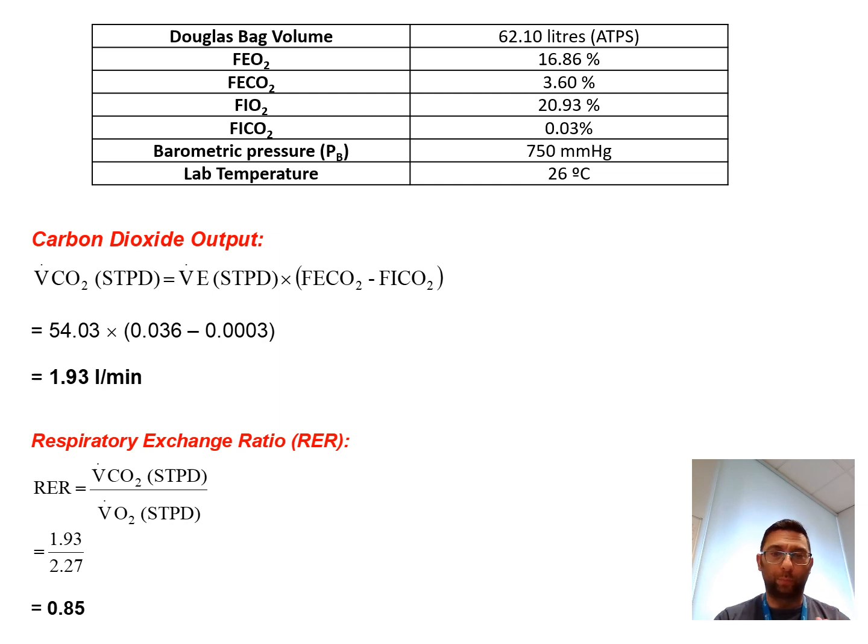You just supplement aerobic metabolism to a greater extent with anaerobic metabolism. So an RER value of 1.15 or greater would indicate you're supplementing to a greater extent with anaerobic metabolism.